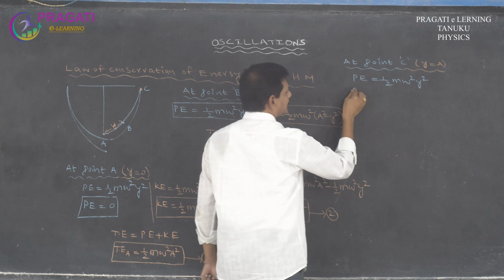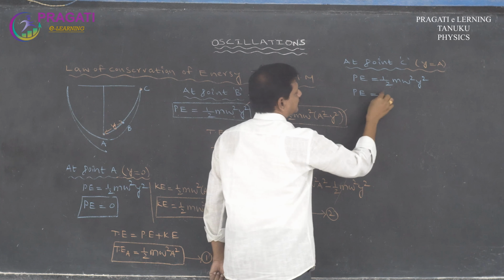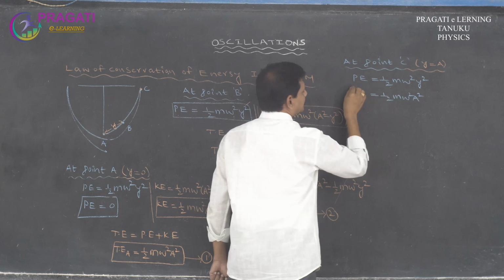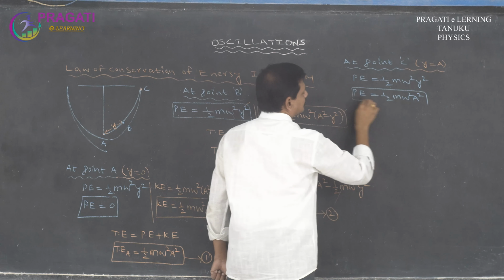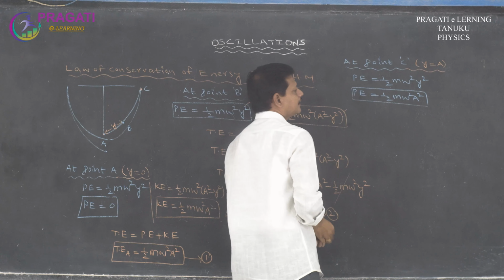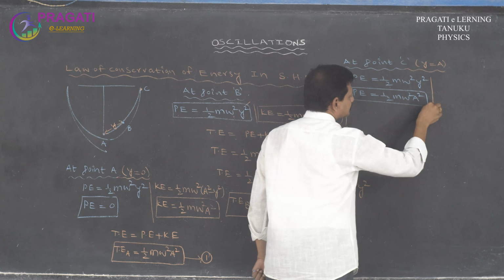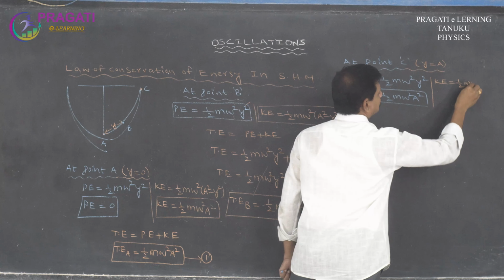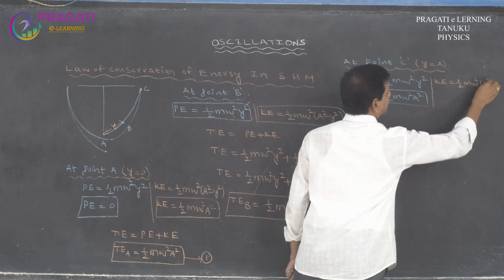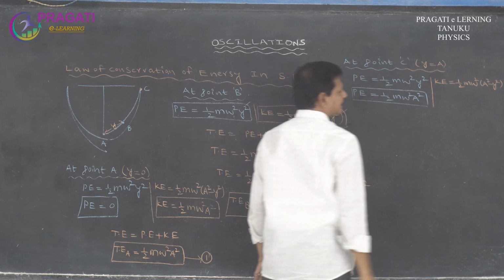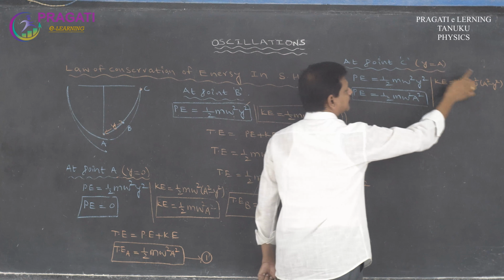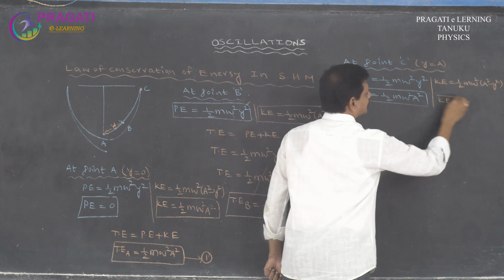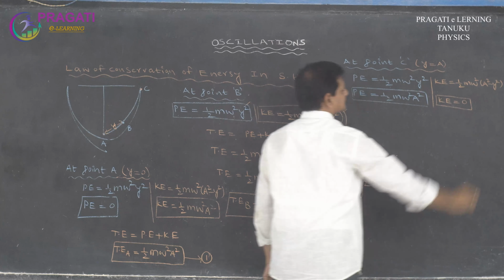So if y is equal to A, PE is equal to half m omega square A square. Okay. Next, kinetic energy KE is equal to half m omega square (A square minus y square). If y is equal to A, A square minus A square, kinetic energy is equal to 0.